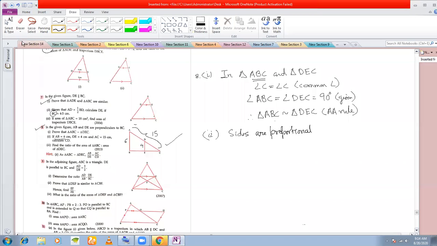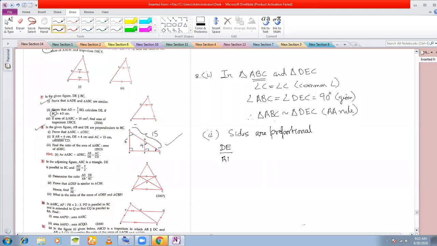So let's mark the angles once again. This black angle is a common angle. Blue angles are the 90 degree angles. And these green angles are also equal. So now let's write the proportional sides. Opposite to the black angle are the sides DE in the small triangle and AB in the bigger triangle.